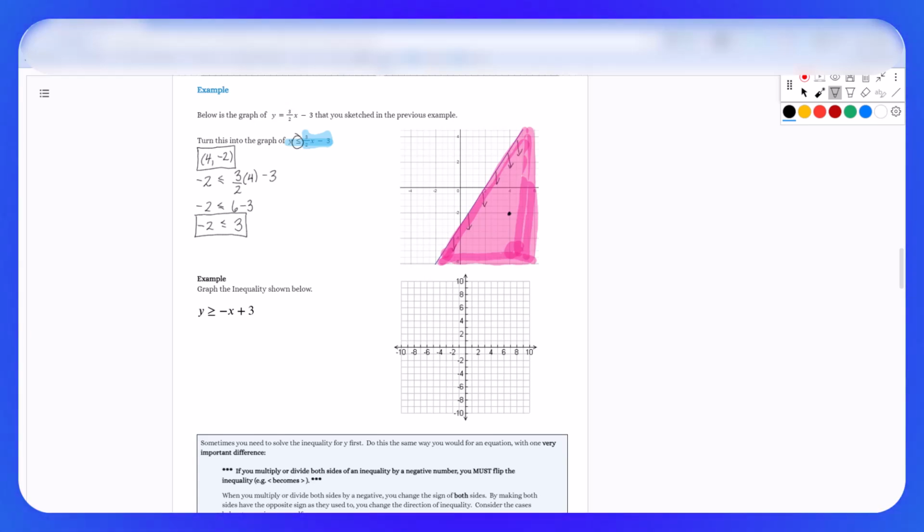And for the next example, it says graph the inequality shown below. y is greater than or equal to negative x plus 3. Well, the first thing we know is that b equals 3, the y-intercept.